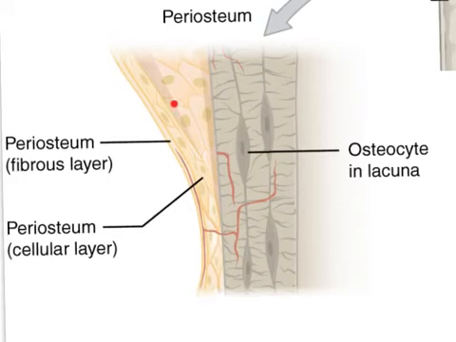You're going to see this a little bit better in just a moment. This whole periosteum is actually attached to the bone tissue with collagen fibers, which we refer to as Sharpey's fibers. You'll see that label coming up here, or you might have already seen it in a previous image.